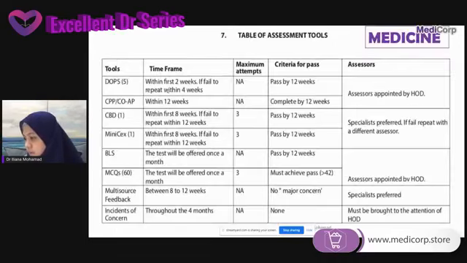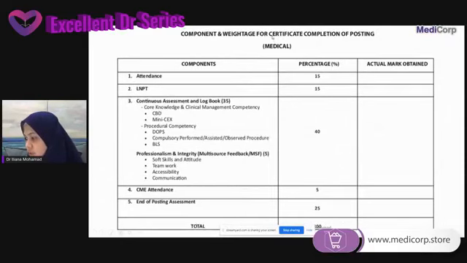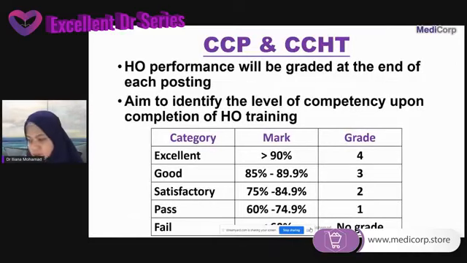Okay, so next is the weightage or the marking of your assessment tools. Basically what makes up the 100% of your certificate of completion of posting. This is taken again from a medicine logbook for houseman. So if you can see, the total mark is 100%, okay, what you want to achieve, we are aiming for an excellent mark, which is 90%, and that brings a grade of 4 to your CCHT.